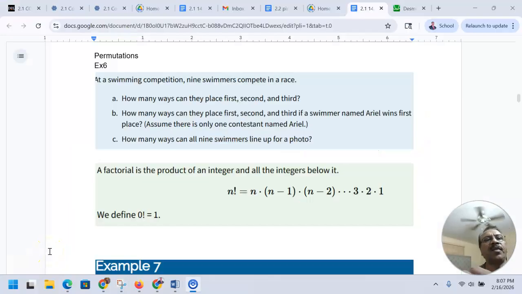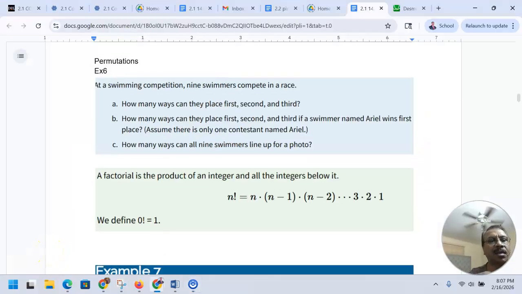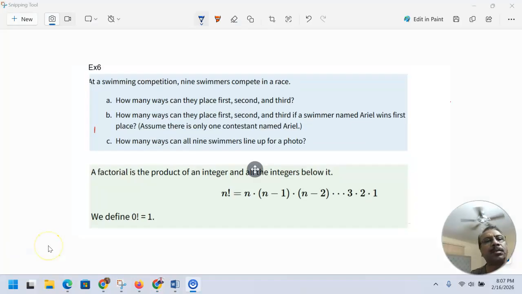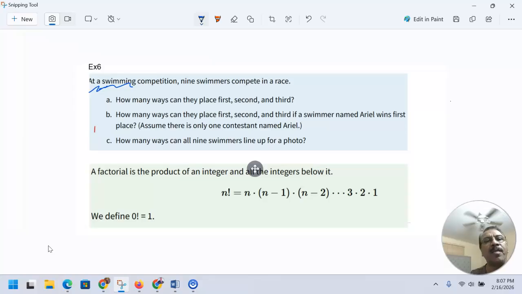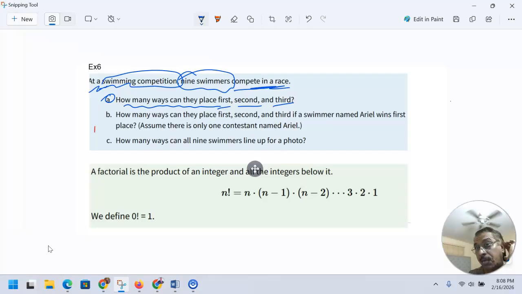Now see this example number 6. The question says at a swimming competition there are 9 swimmers competing in a race. The question is, how many ways can they place first, second, and third? Let's see, these are the swimmers.